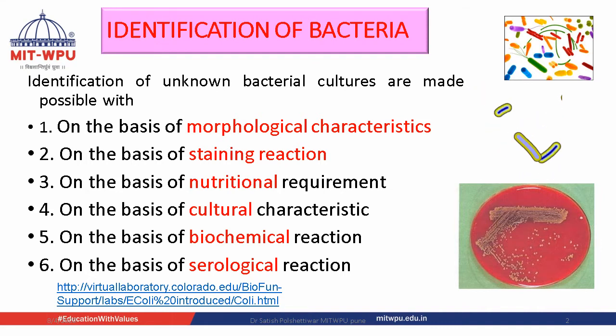Based on staining reactions, we can identify the unknown culture. On the basis of nutritional requirements, because bacteria require important constituents: optimum temperature, optimum osmotic pressure, optimum oxygen requirement, and optimum nutrition. So on the basis of culture characteristics also we can identify bacteria.